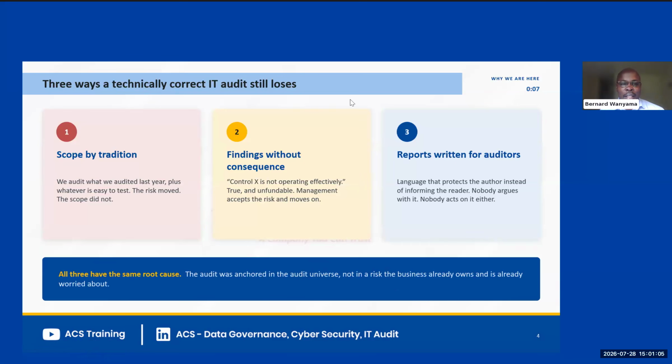So the idea here really is that we're always going to have an IT audit that is driven by a process. Audits tend to be procedural by nature. They tend to follow a certain mandated process that is agreed upon by stakeholders.